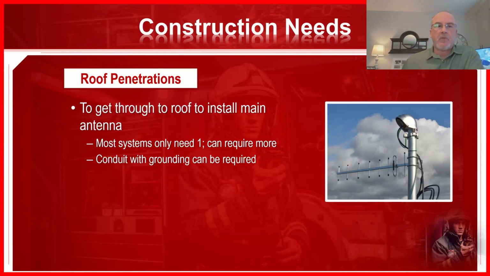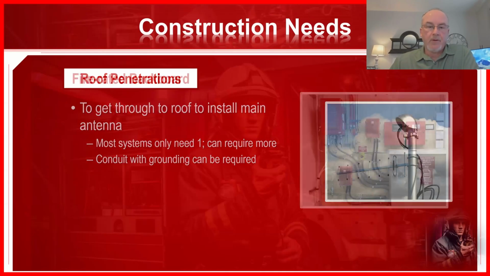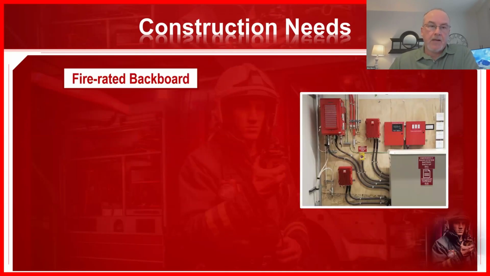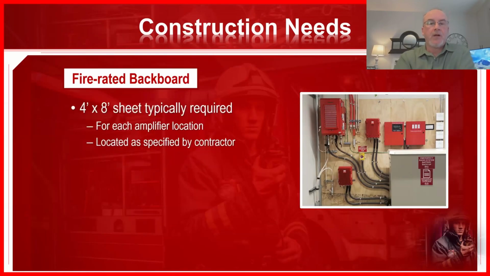So from a GC standpoint, you'll need your roof guy. Generally, these integrators don't want to poke through a roof. So you'll need to get them to tell you what they want, and you'll need to get your roof guy to give you a number to do that. Now, in terms of construction needs, again, we're talking about fire rated plywood.